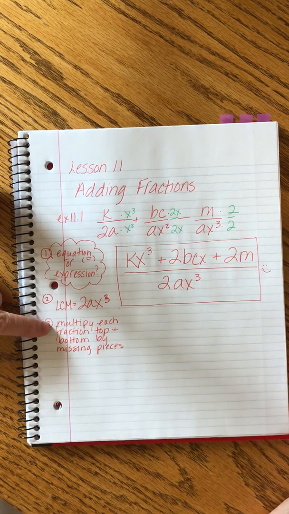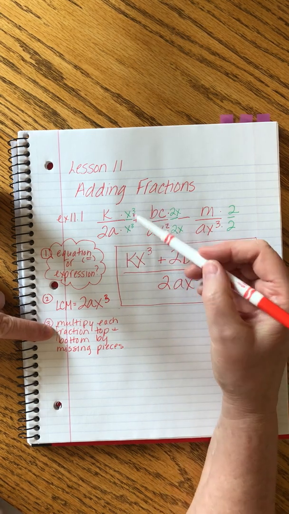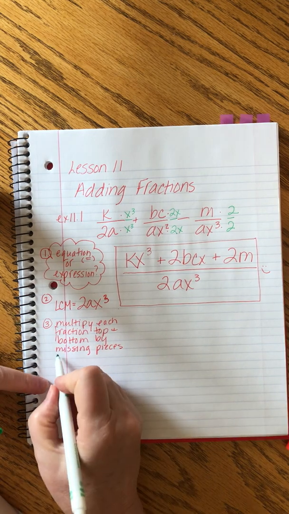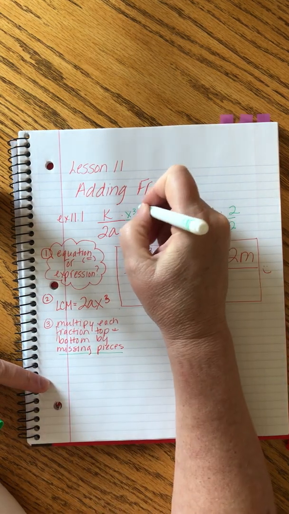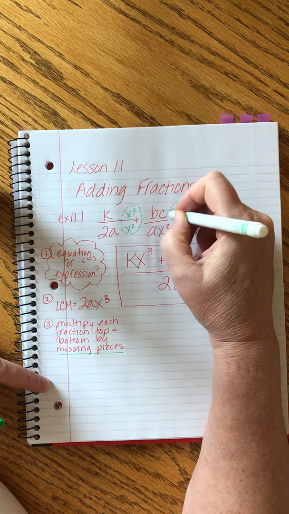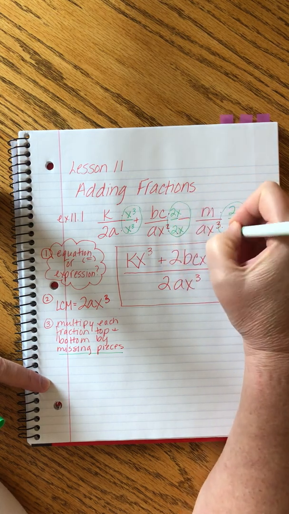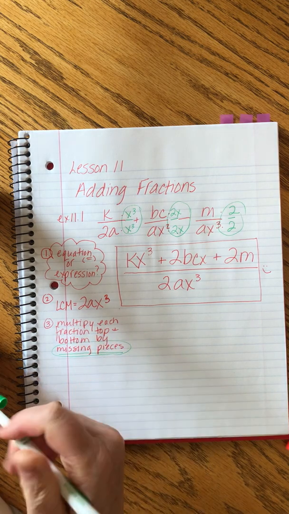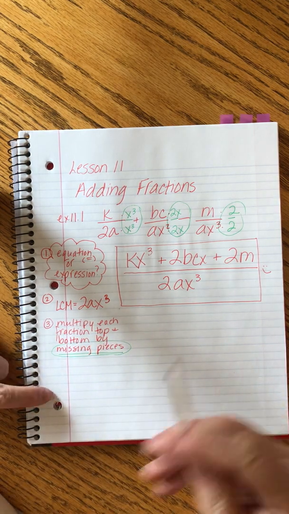The next step is to multiply each fraction, top and bottom, by the missing pieces. And I did that in green, right? It's this, and this, and this. Those are the missing pieces, so I'll circle that word here. And then the last step is to simplify.